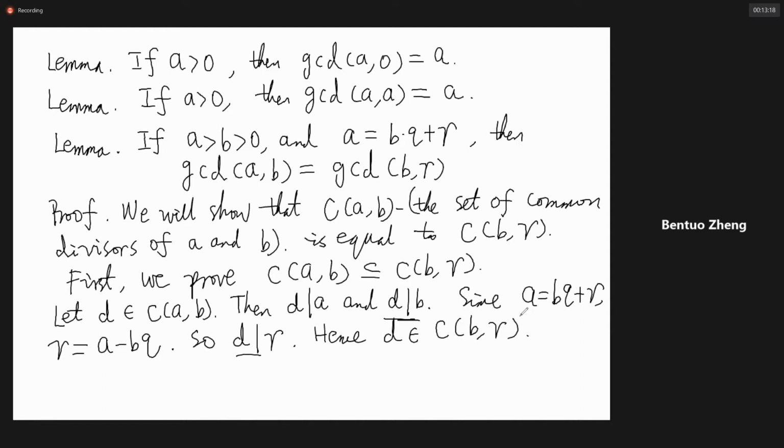Next, we are going to prove C of BR is a subset of C of AB.